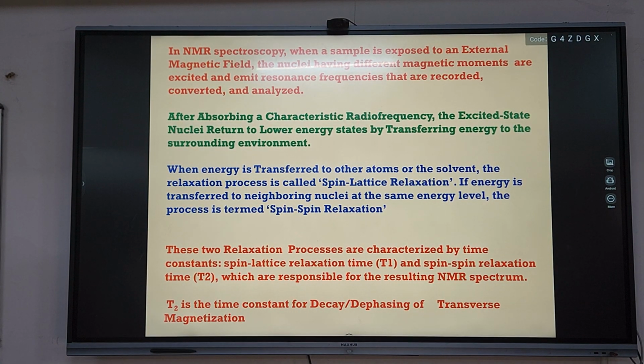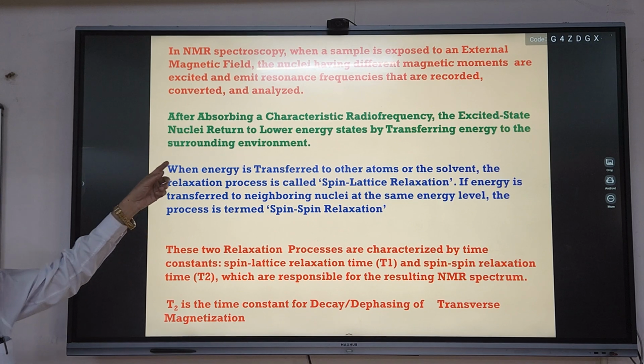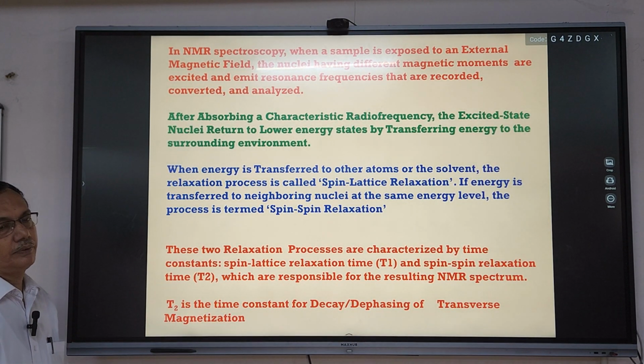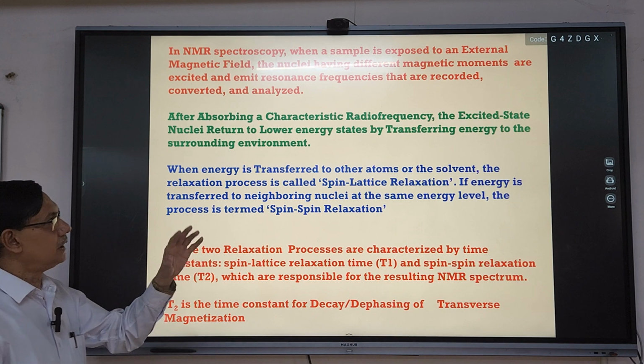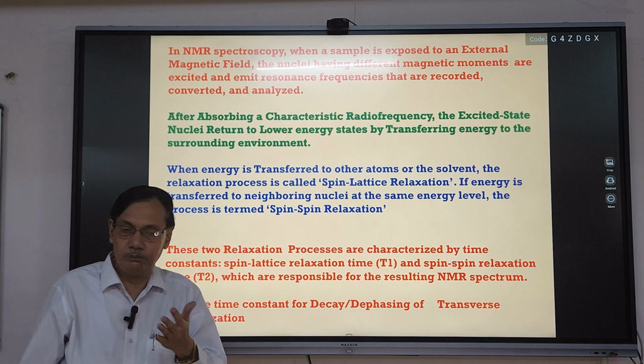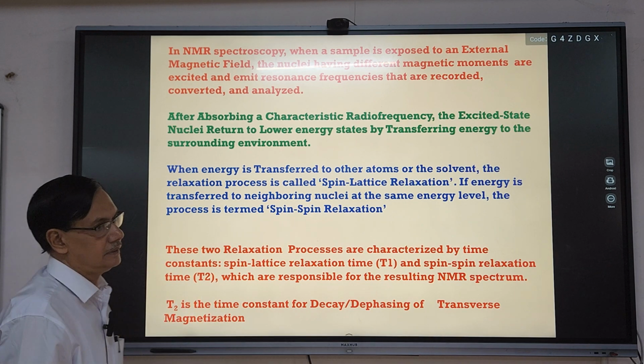Now what happens after absorbing a characteristic radio frequency: the excited state nuclei return to the lower energy state by transferring energy to the surrounding environment.